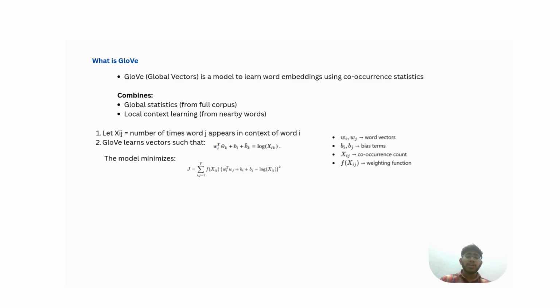Now, instead of directly using these counts, GloVe learns vector representations such that the dot product of vectors reflects their co-occurrence relationships. So essentially, GloVe transforms statistical information into geometrical relationships in vector space. This is a very elegant idea because it connects probability with linear algebra.